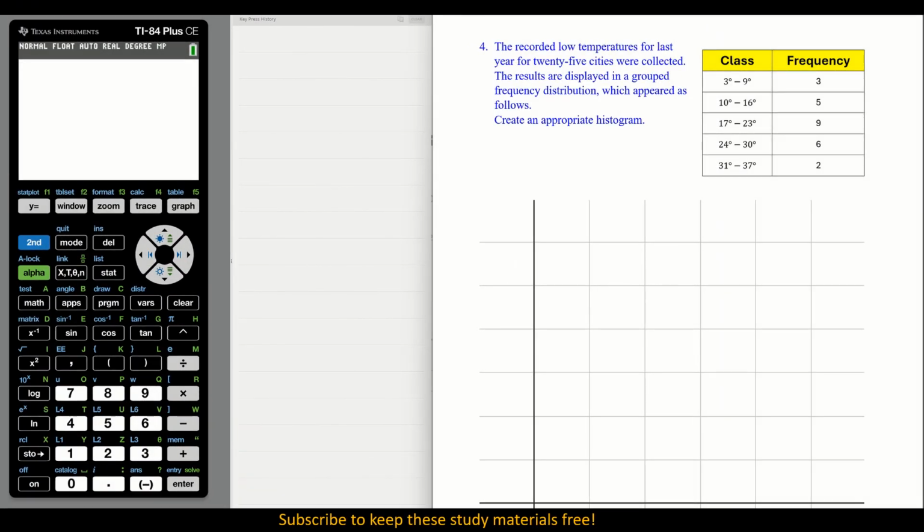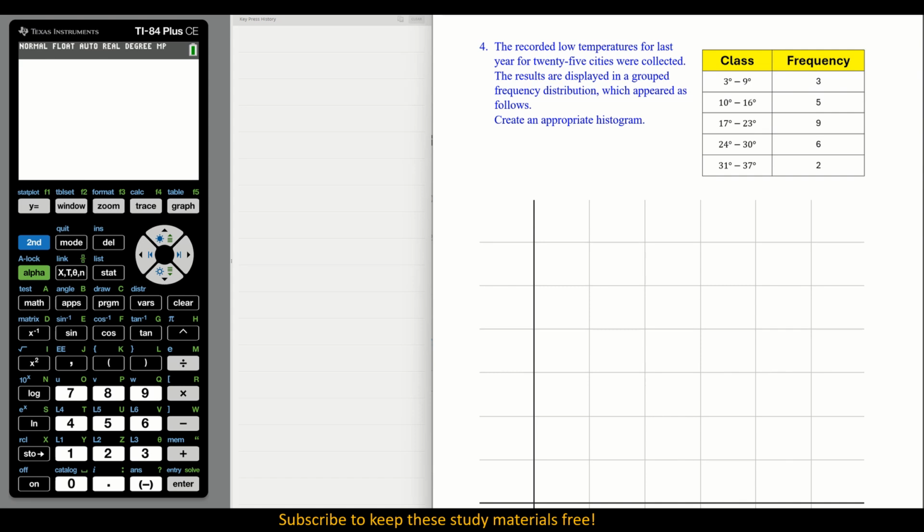The recorded low temperatures for last year for 25 cities were collected. The results are displayed in a grouped frequency distribution. That's what we have here with the classes and the frequency, which appear as follows. Okay, they want us to create an appropriate histogram.